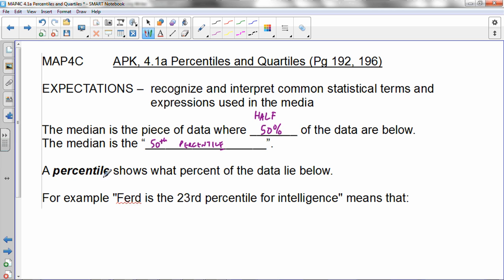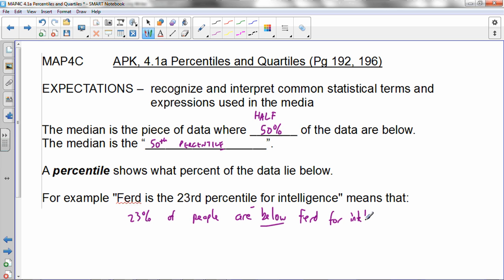Any percentile shows what percent of the people are below. So for example, if Ferd is in the 23rd percentile for intelligence, it means 23% of people are below Ferd for intelligence.